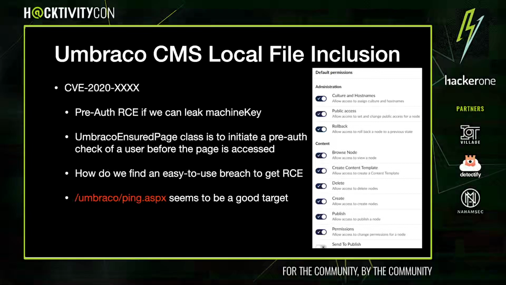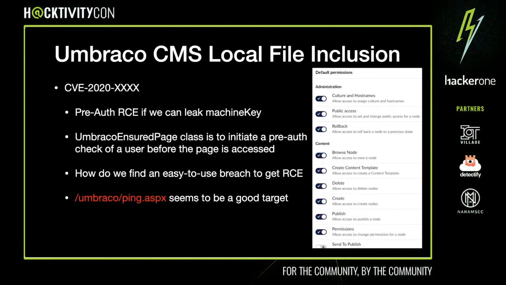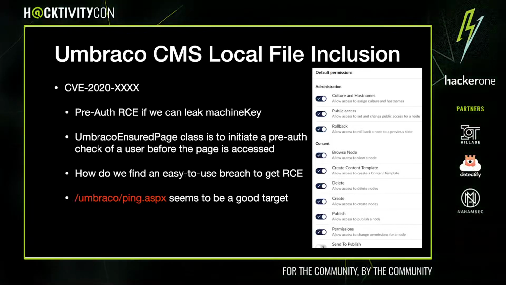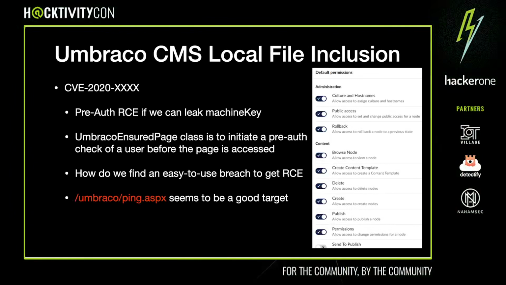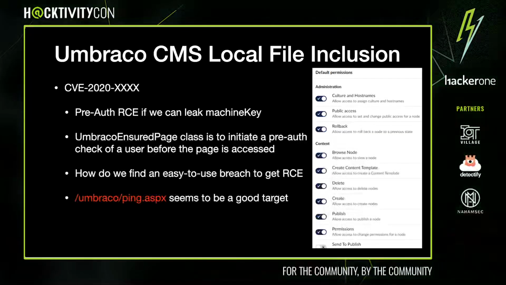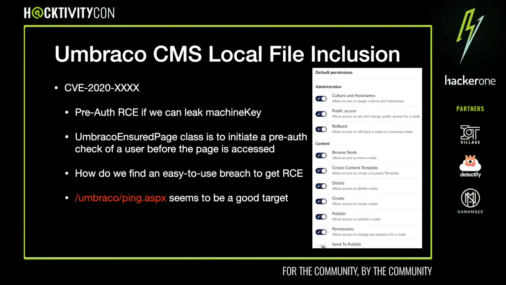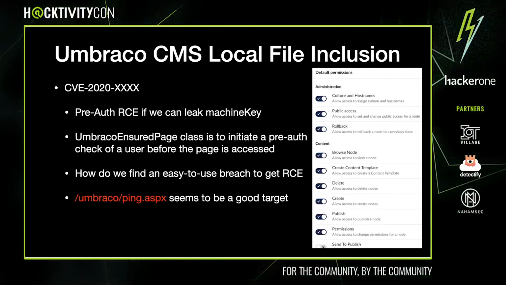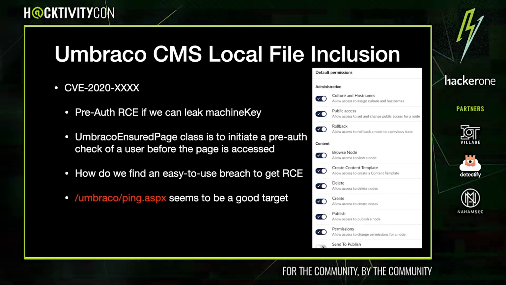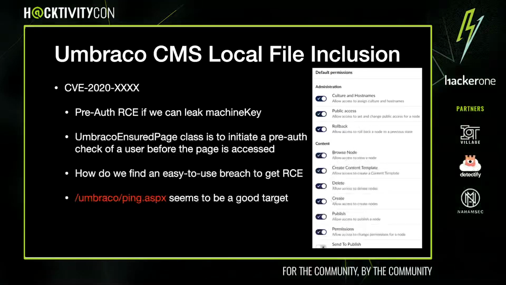So once we get a list of pages that we can directly access, all I need to do is to pick up a common page that every copy of Umbraco CMS would have. So /umbraco/pin.aspx seems to be a good target for me. Let's try to exploit it.